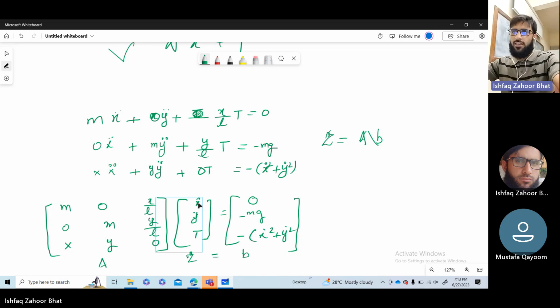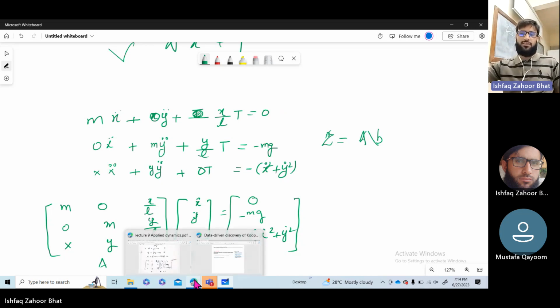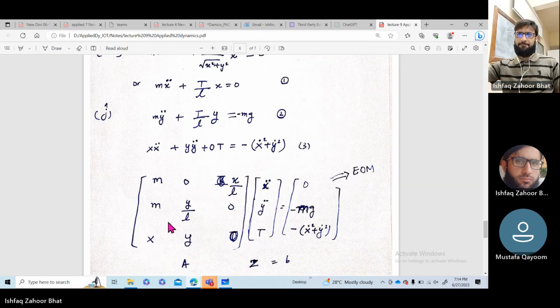So what Z vector actually is, it is X double dot, it is Y double dot, and it is T. So at each instant of time, you will be getting the values of your Z dot. And when you are getting your Z dot, you will give this Z dot to ODE, and the rest of the thing will be done by ODE. That will integrate these equations to get the new values for x, y, and for x dot, y dot. Is it clear? Clear.